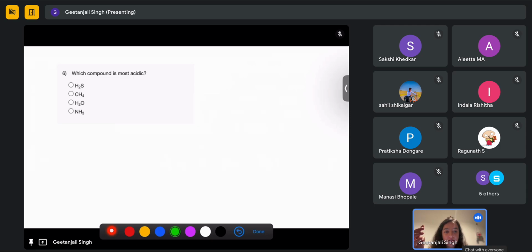There are different atoms in all four options. You have to see how the different atoms are behaving and what is the trend of acidity among these options, H2S, how acidity changes when we move from left to right along the periodic table and from top to bottom.